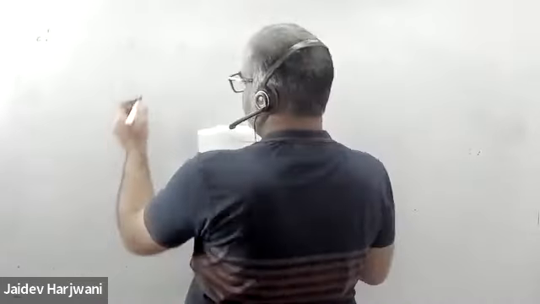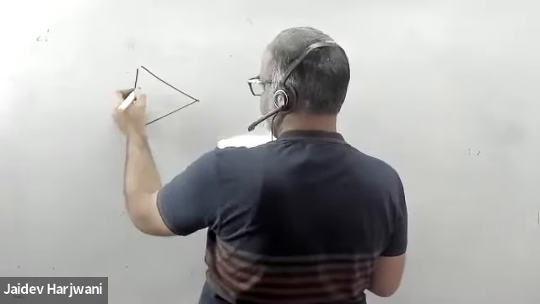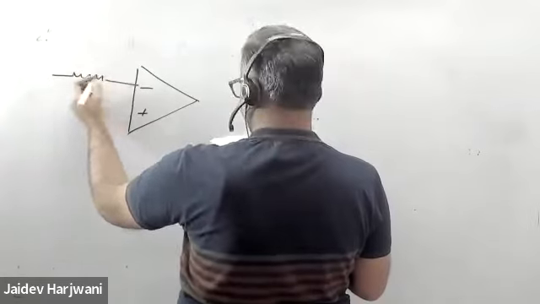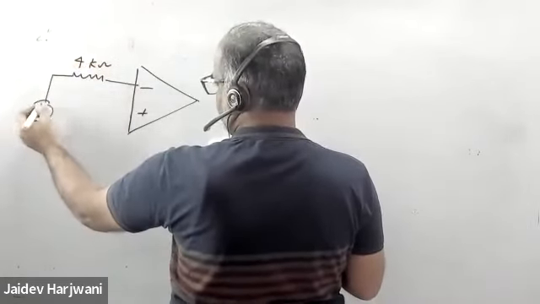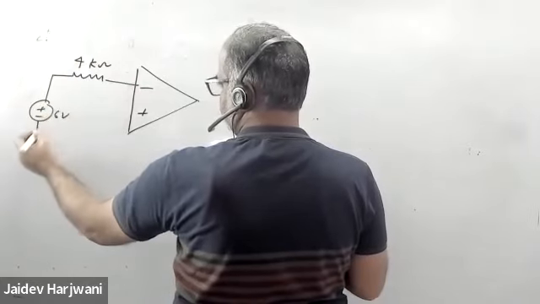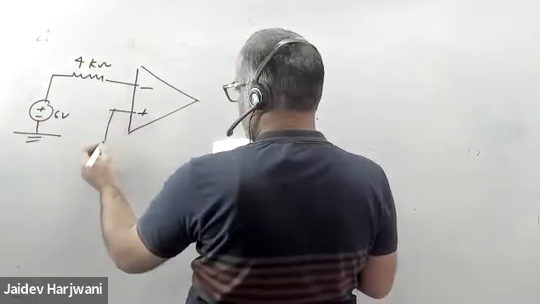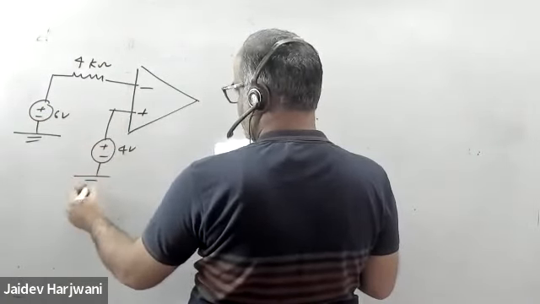Okay, so this is what you have: minus, plus, 4 kilo ohm, 6 volt. Here this is your 4 volt.